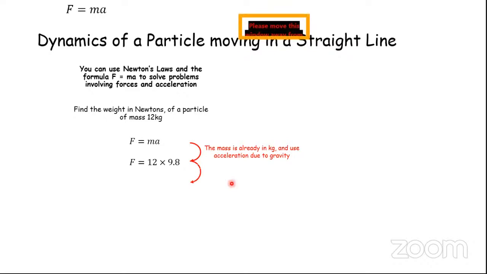So that would be 12 times 9.8. Those of us who have a calculator, or those of us who are very good at using our heads, we can generate an answer of 12 times 9.8.